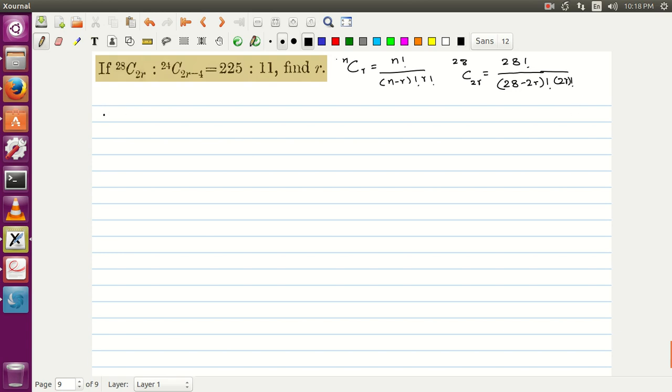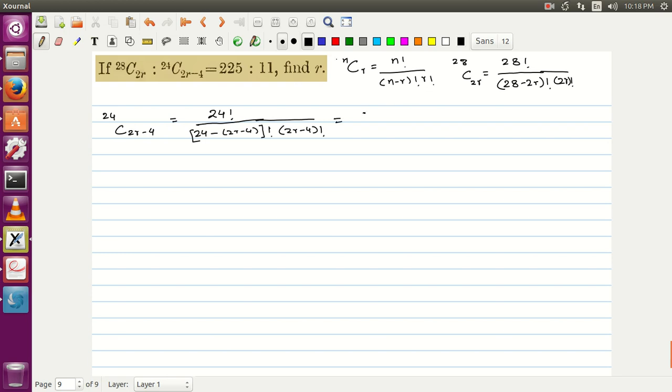And what will be the value of 24C(2r minus 4)? Simply use the formula again. So it will be 24 factorial divided by (24 minus (2r minus 4)) factorial divided by (2r minus 4) factorial.